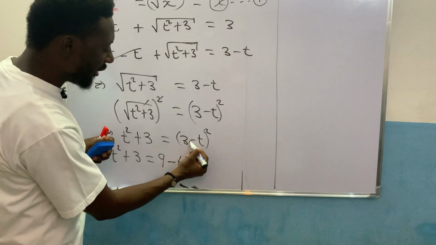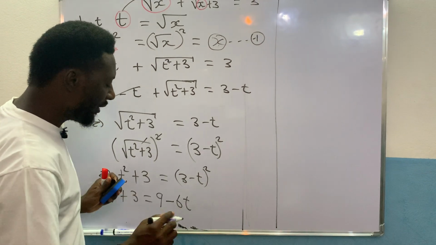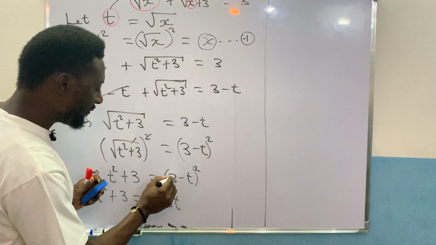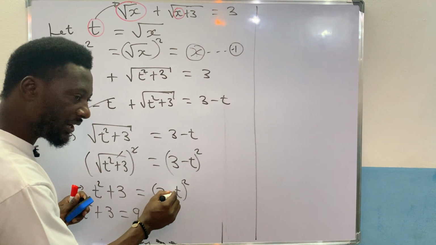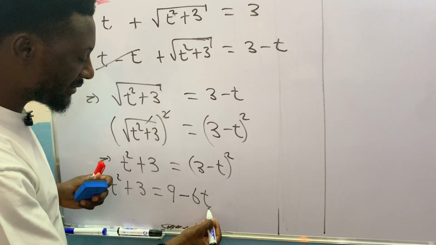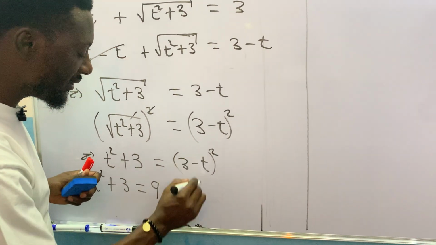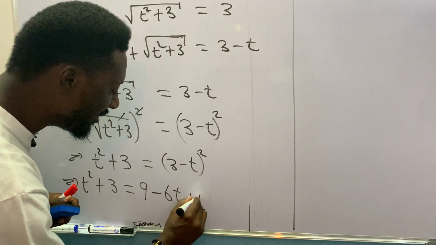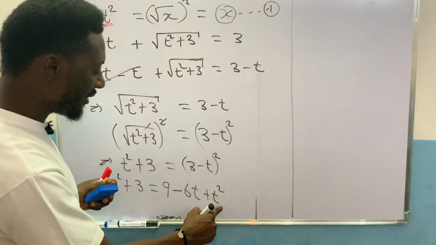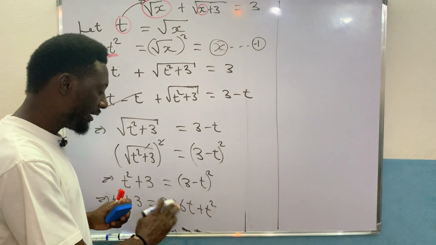Then square this term also: squaring negative t gives me positive t squared, because when you square a negative, it's positive. So that's how you expand a bracket.